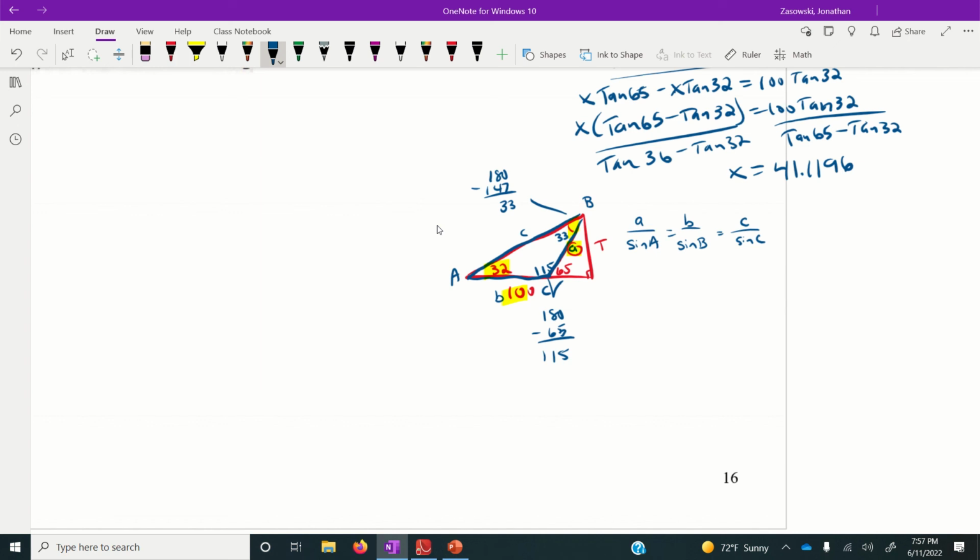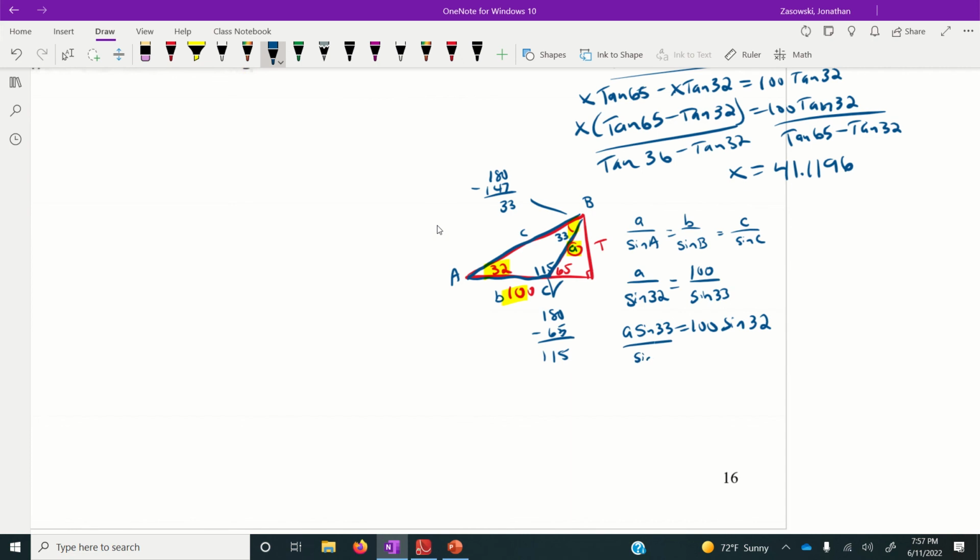And now I can use my law of sines to do A, which we don't know, over the sine of A, which is the sine of 32, is equal to B, which is 100, over the sine of 33, and then I can cross multiply and solve. So A sine of 33 is equal to 100 times the sine of 32.